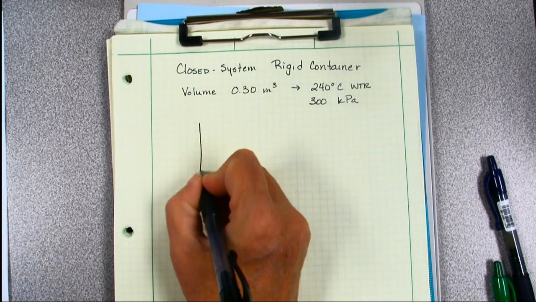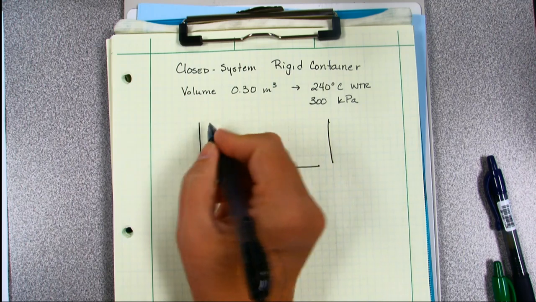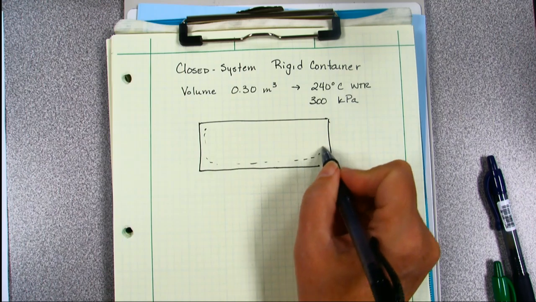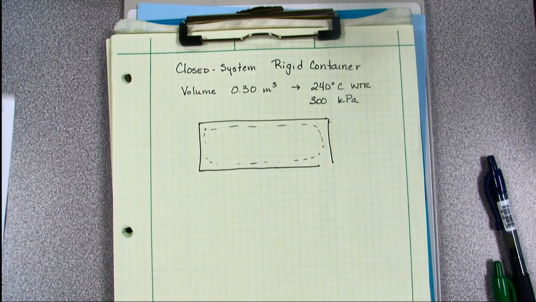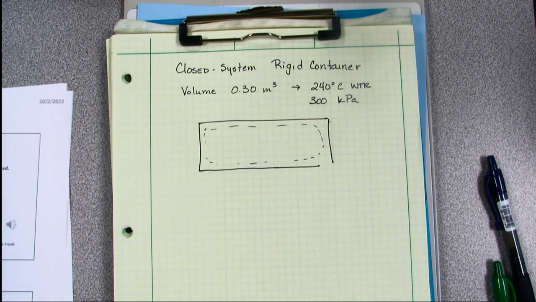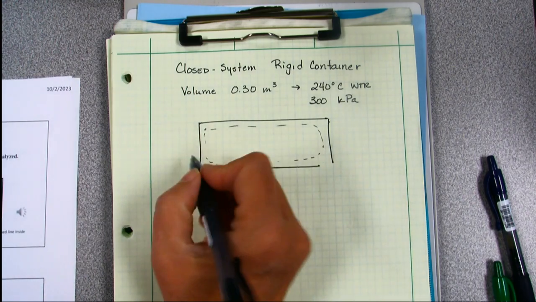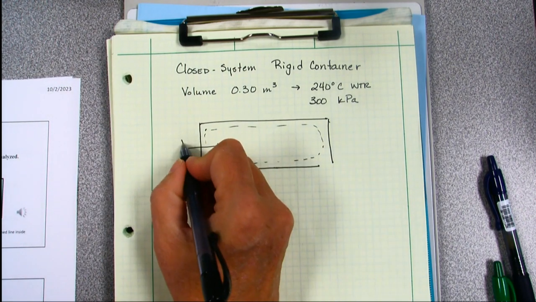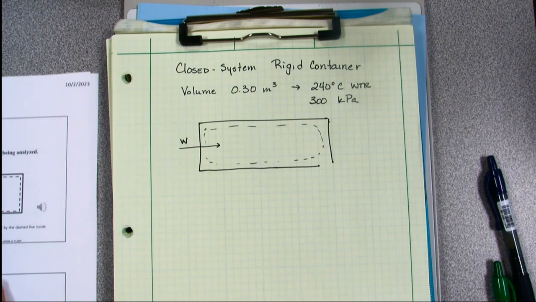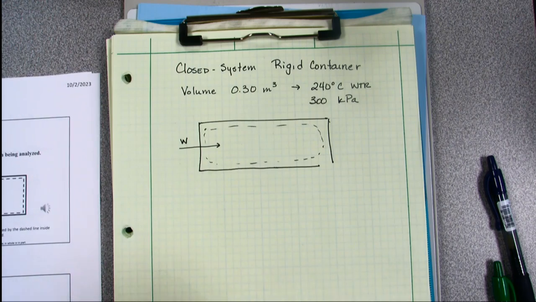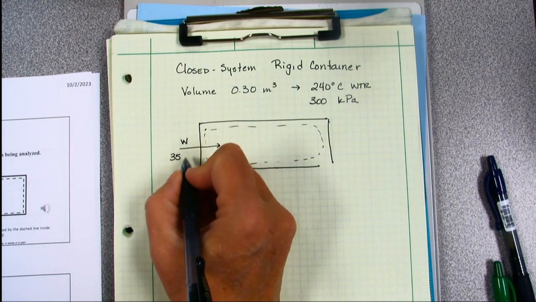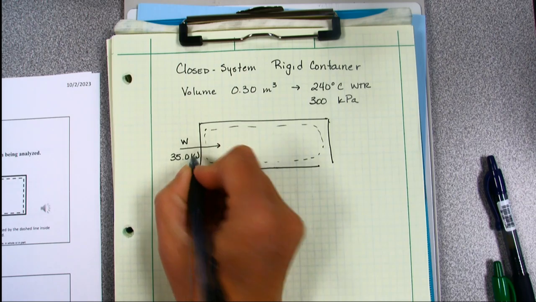So we're going to start out with our closed container. We're going to put work into the system, and the work we're putting in is 35 kilojoules.